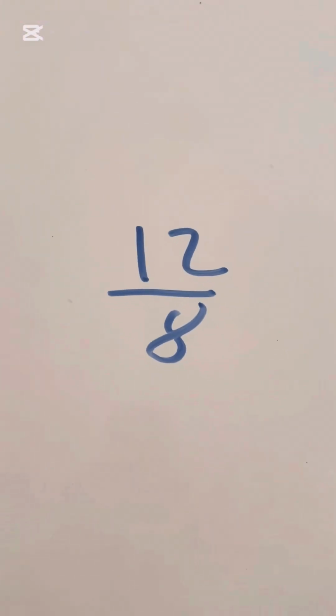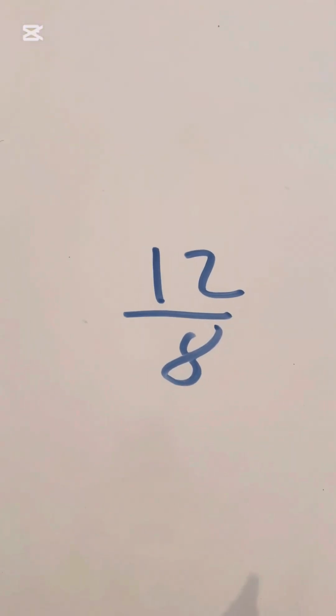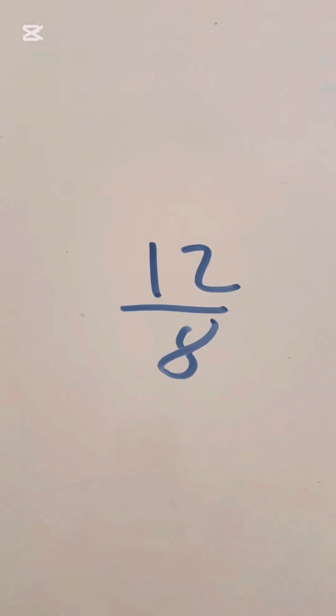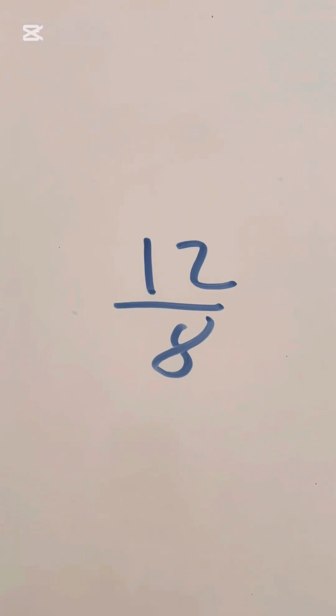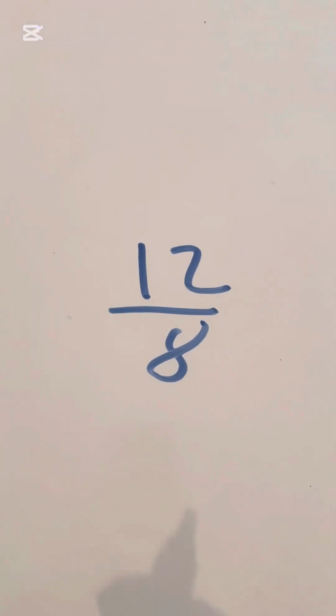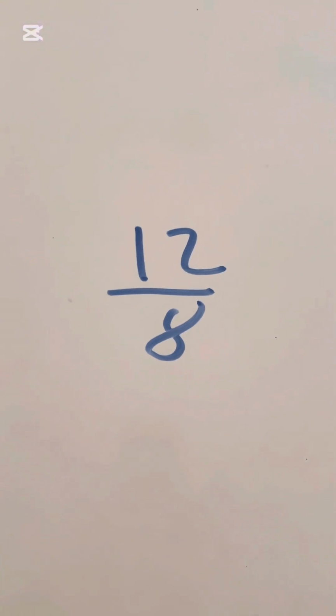Now that we have 12 over 8, there are two more very important steps. First, we need to simplify. So in order to do that, we need to divide both the denominator and the numerator until we get the least value possible. So we can either do it the easy way or the hard way.